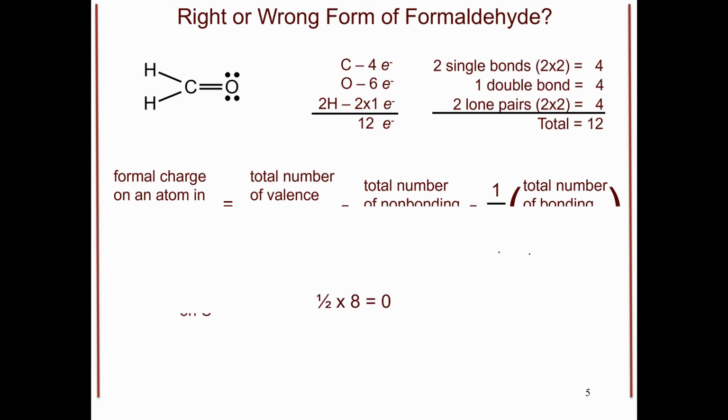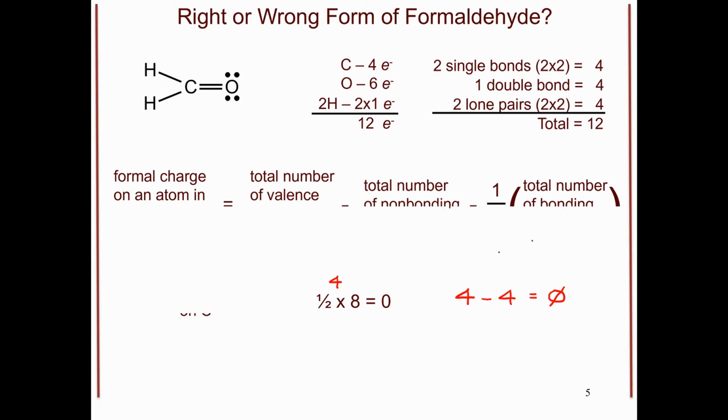That gives us 4. So we end up getting 4 minus 4 is 0. Using my math, we would have brought in 4 electrons, and then notice that we have 4 bonds, all split equally. So that means that I would get 1 electron from each one of those bonds, and I would end up with a neutral formal charge on my carbon.